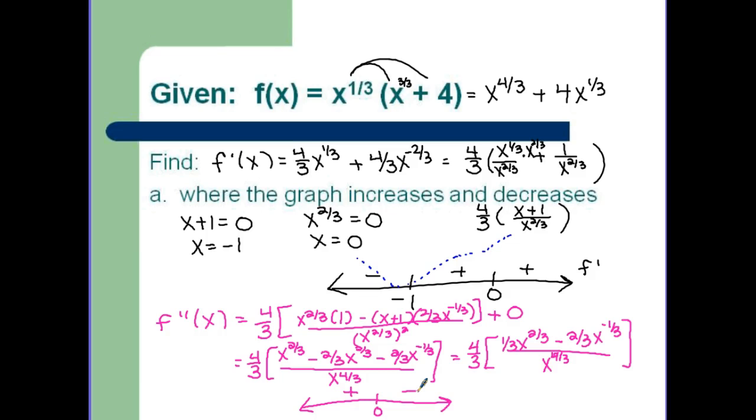So, in terms of what all of this means, it's decreasing from negative infinity to -1, increasing from -1 to infinity.